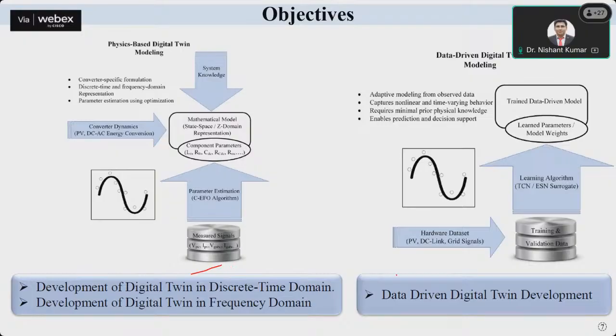And the other side is data driven based. Data driven digital twin is not suggested for the actual plant. Data driven digital twins are mainly for research purposes. Suppose someone does not have the plant, or does not have a lab prototype system.